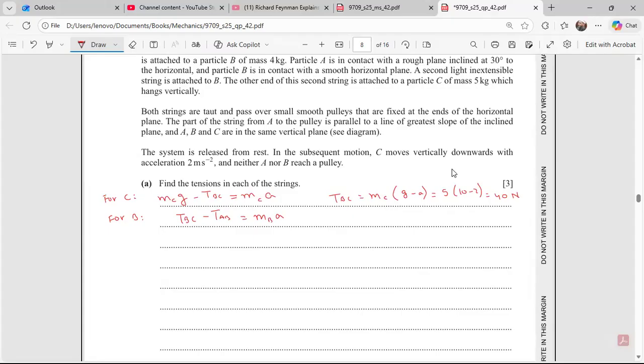From here, you can see that TAB would be equal to TBC minus MB into A. TBC is already calculated as 40 Newton, minus MB.